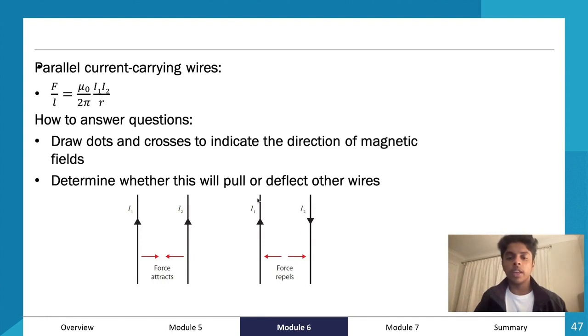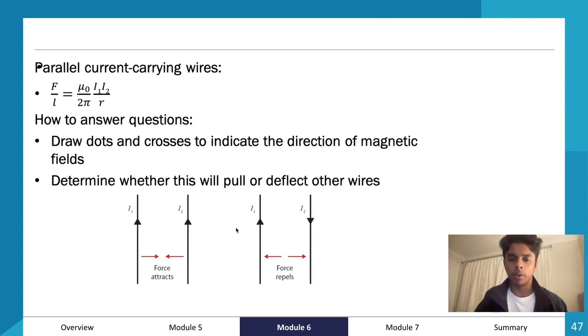Same way now I can look at the magnetic field that I1 induces on I2, right? So I resort to right hand grip rule first. My thumb is pointing upwards, and my four fingers can be seen going into the page when my fingers are to the right of I1.